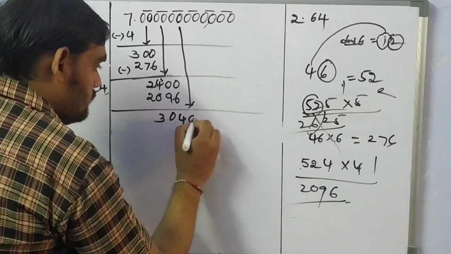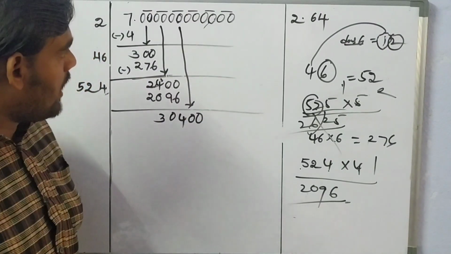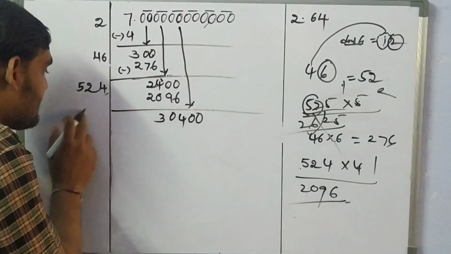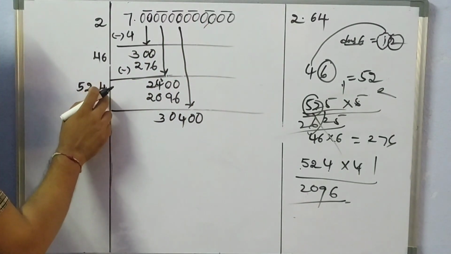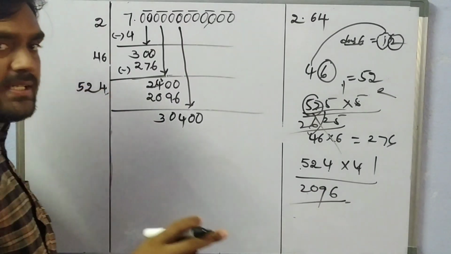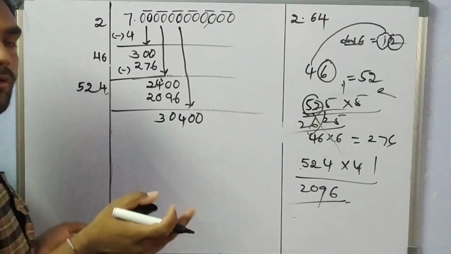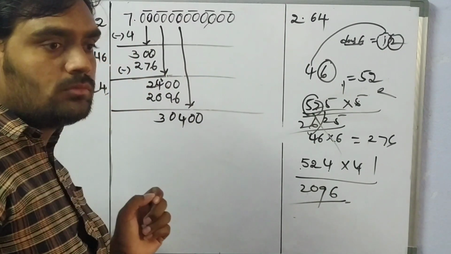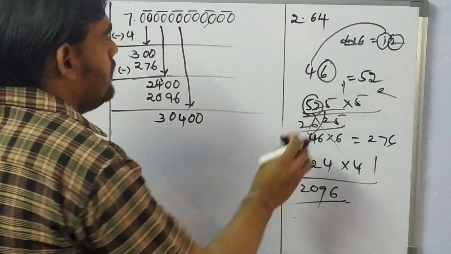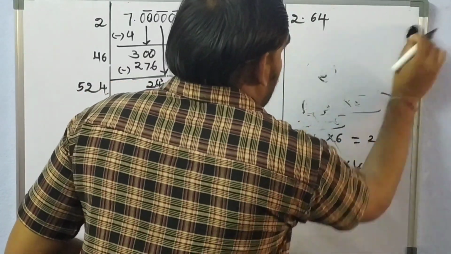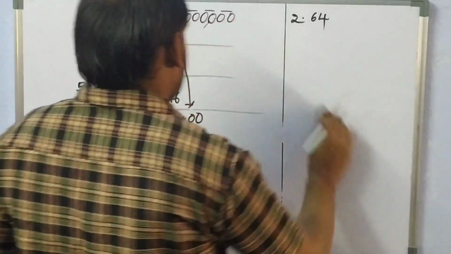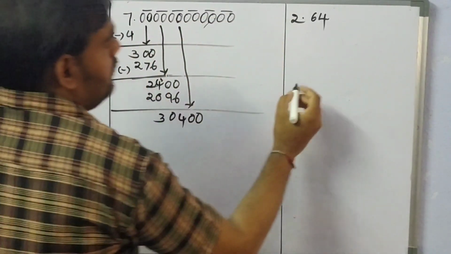So it will become 30,400. Now, for this dividend, we must take the 524 and double the last digit. If you get a 2 digit number, the tenth digit must be carried. The ones digit we must write as it is only. Now, see here, we got 524.